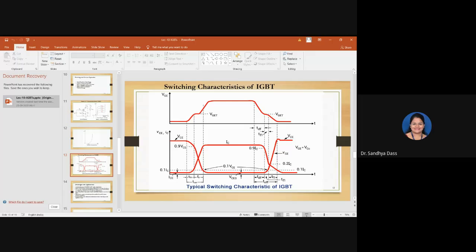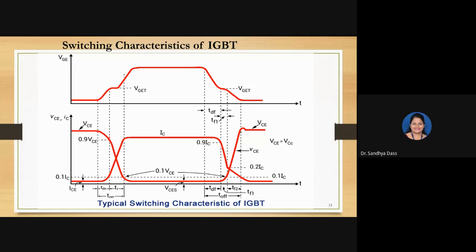Okay, now let's see the turn on time. As we said, it is a summation of delay time plus the rise time. In this IGBT, delay time is defined as the time in which collector current rises from the leakage current, ICE, to 0.1 of IC, that is 10% of its maximum or final value.